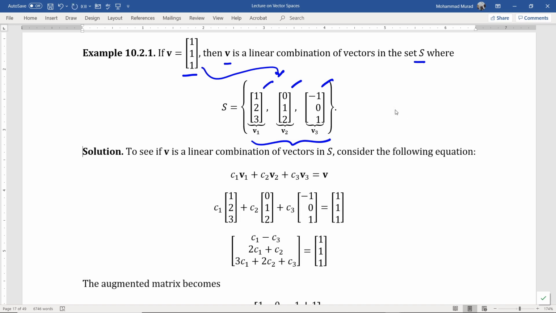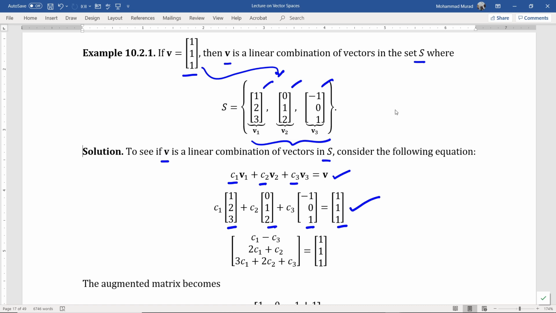To see if v is a linear combination of vectors in the set S, we consider the following equation. We want to find the scalars c sub 1, c sub 2, c sub 3 such that the equation is true. Or if we replace the vectors v sub 1, v sub 2, v sub 3 and v, we get this equation.